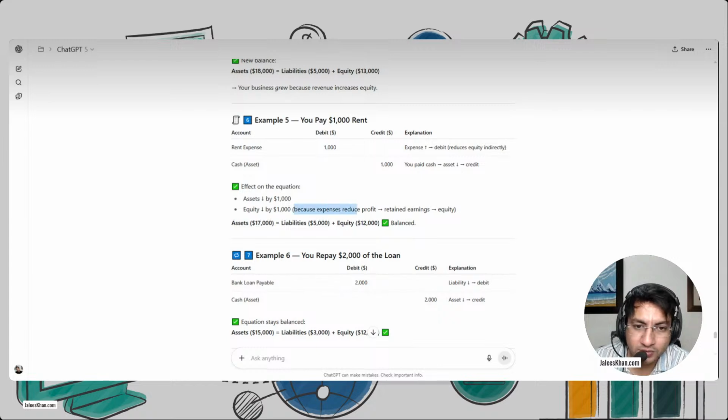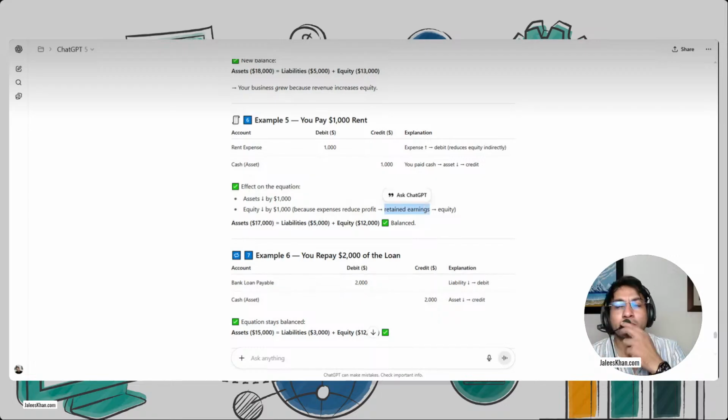So because expenses reduce profits, retained earnings, equity. Yeah, because expenses reduce profit and retained earnings.